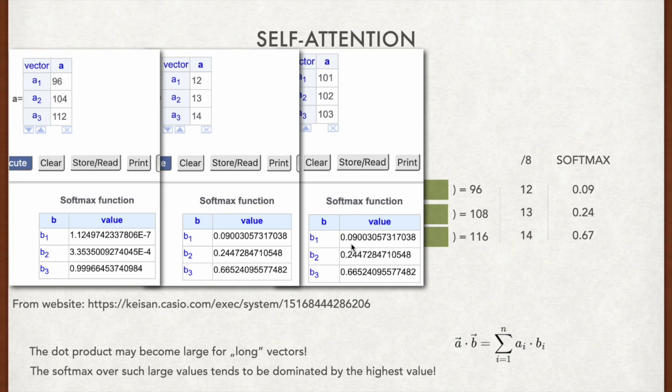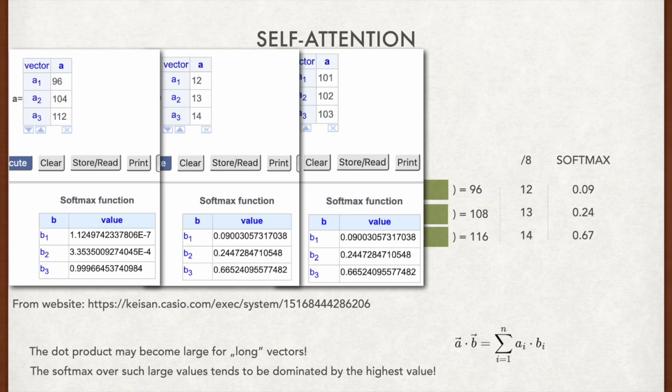However, the difference of 1 is almost 10% of the value in the second image and about 1% of the value in the third image. It's much easier to produce dot products which will vary a lot, like in this case, so we introduce a normalization factor, the square root, to mitigate this problem.